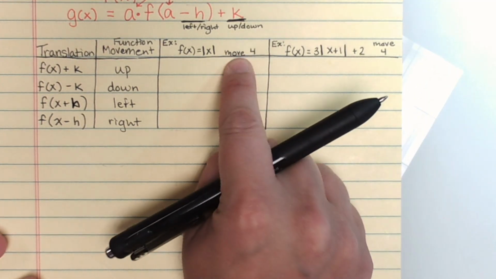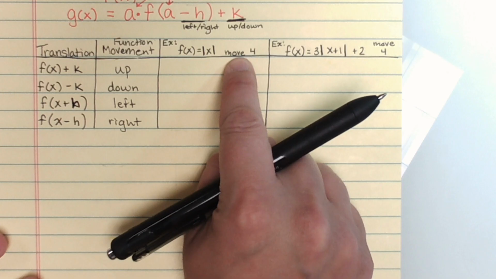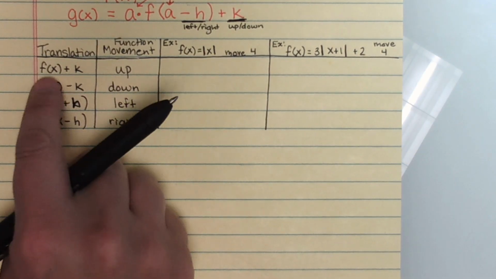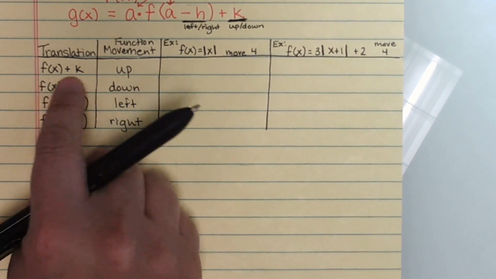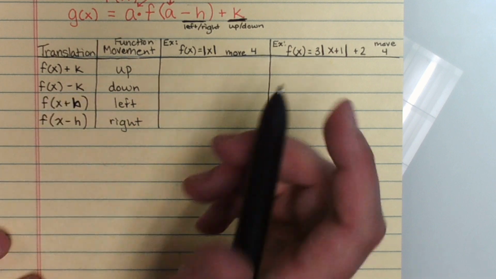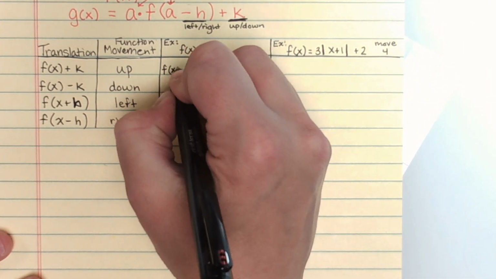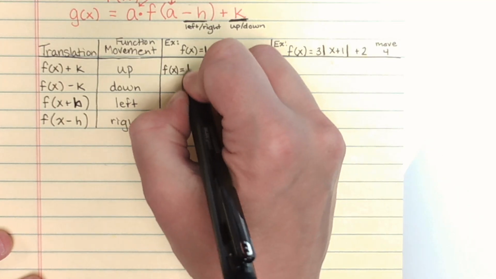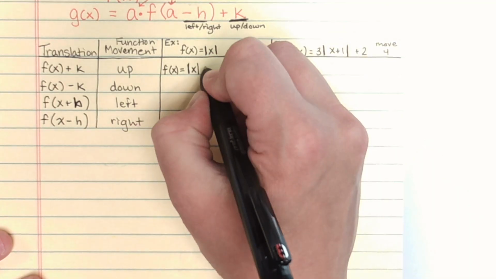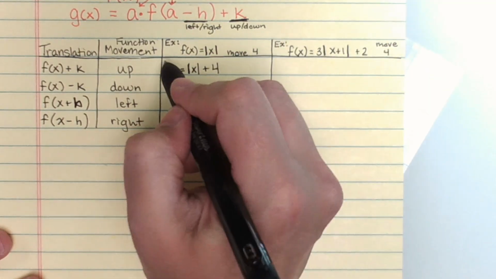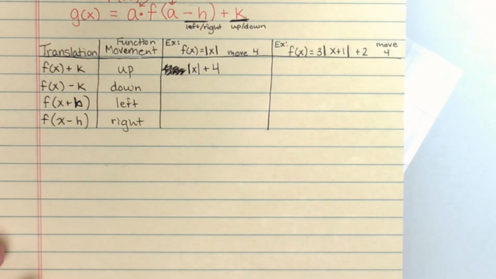So, if I want to move it forward, specifically upwards, it just says take the function, add 4. So, f of x being absolute value of x, and I add 4. Actually, don't write that part, just that.